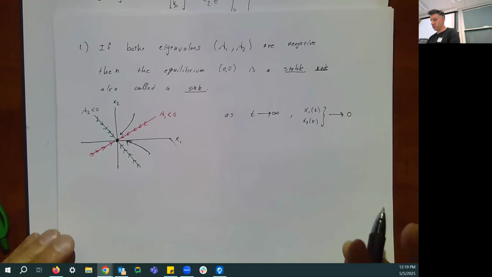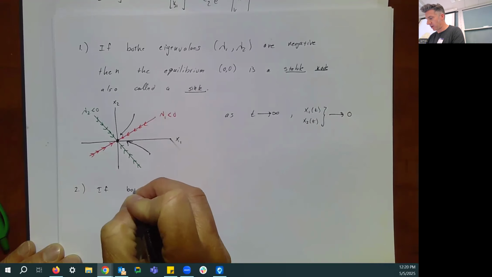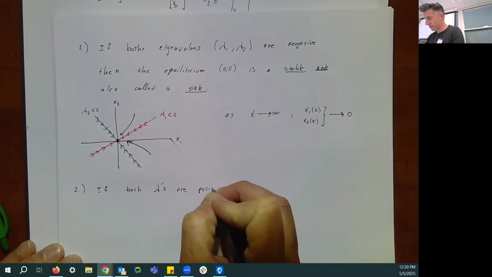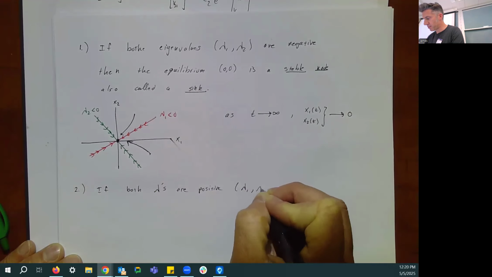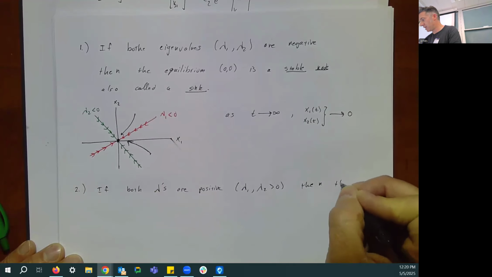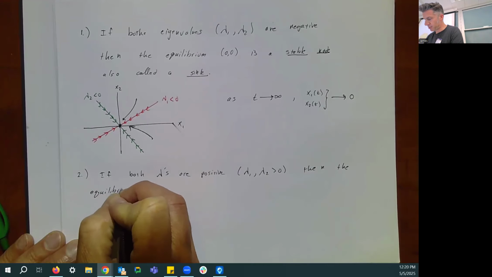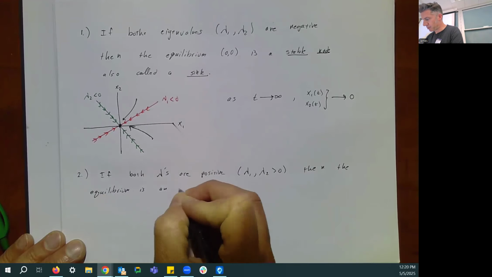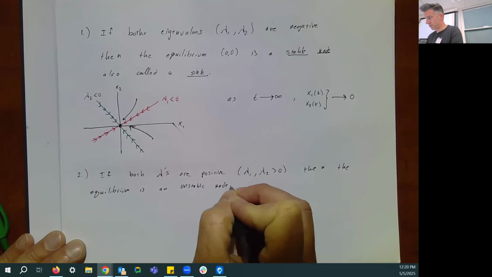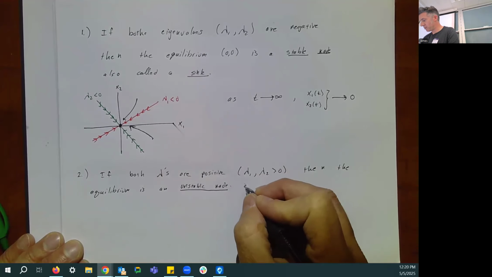On the flip side, if both eigenvalues are positive, then the equilibrium is an unstable node, also called a source.